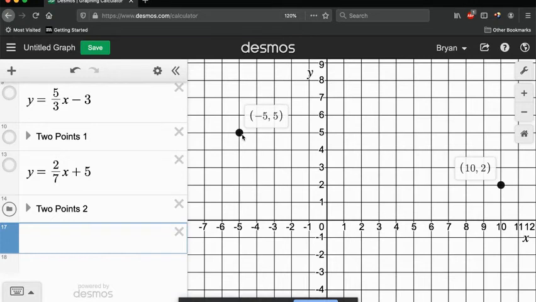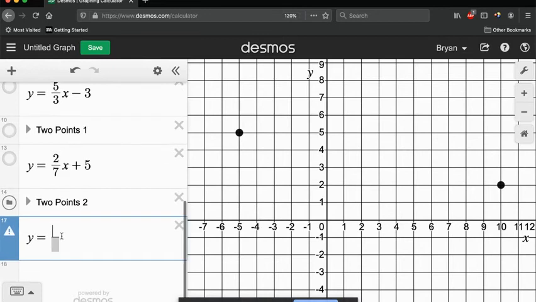So the x value goes from -5 all the way to 10. So if I were to count that out, I'd find that the x value changes by 15. So I know my run is gonna be 15. My y value goes from 5 down to 2. So really that's going down 3 spaces. So I'm going to have -3.